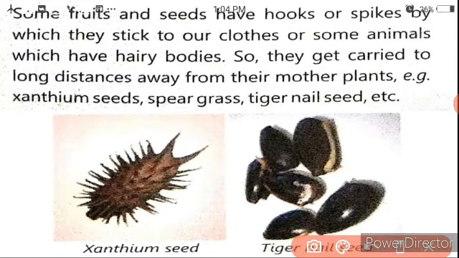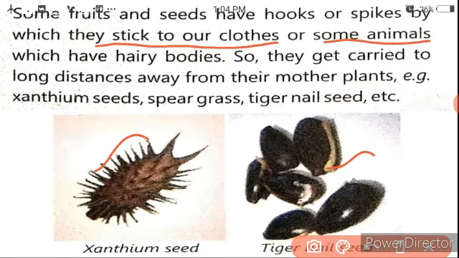The xanthium seed has spikes on its surface. The tiger nail seed has a hook-like structure on its surface. Because of these structures, they easily stick to our clothes or to animals which have hairy bodies. So, in this way, they can easily get carried to long distances away from their mother plant.